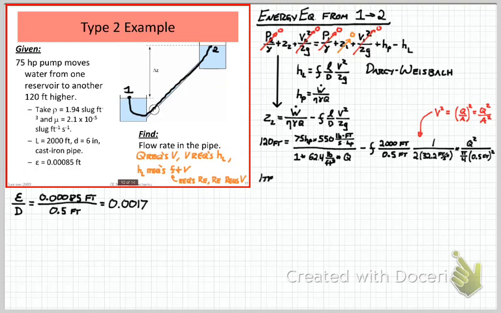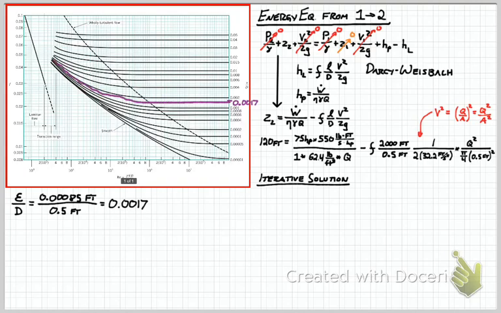From here, we find ourselves in the domain of this iterative solution, and so I want to walk through how this actually works out. Step 1 here is to get our Moody diagram, identify which of the lines that we're actually working on, and we're going to start by initially just taking a guess for the friction factor f, and so I'll pick a value of 0.030, about the middle of the range.